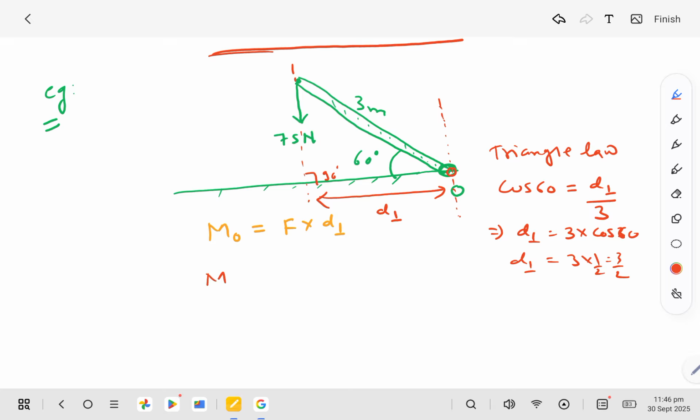So M naught equal to F into 3 by 2, or 75 into 3 by 2.